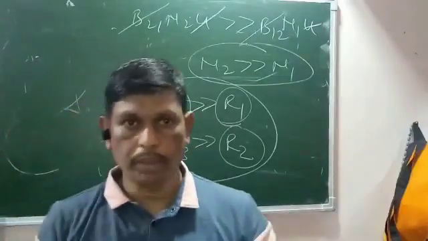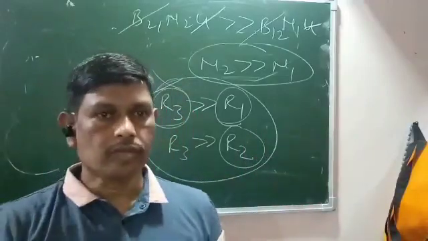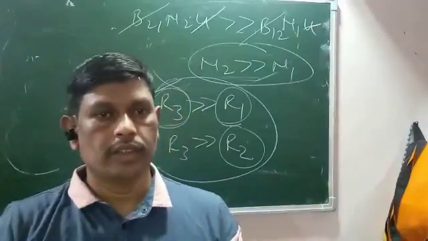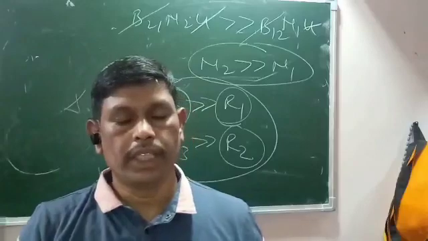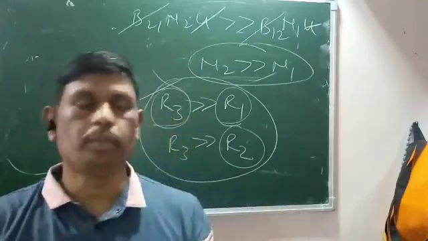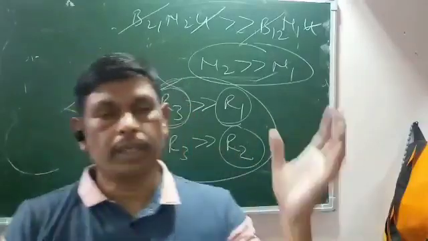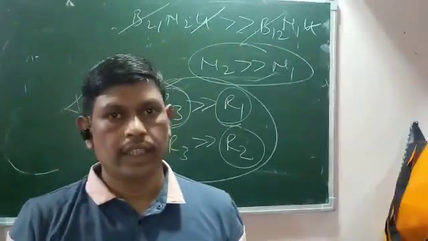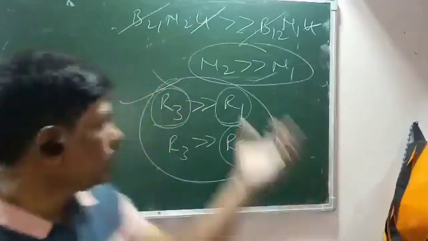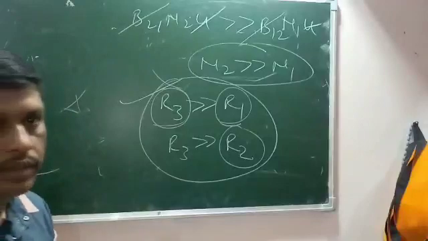So the population of the particles is inverted. In ordinary light, the number of particles in the ground state is greater than the number of particles in the excited state. But in the case of laser action, we change this, and we need the number of particles in the excited state and the ground state in the following relation. This relation is called population inversion.